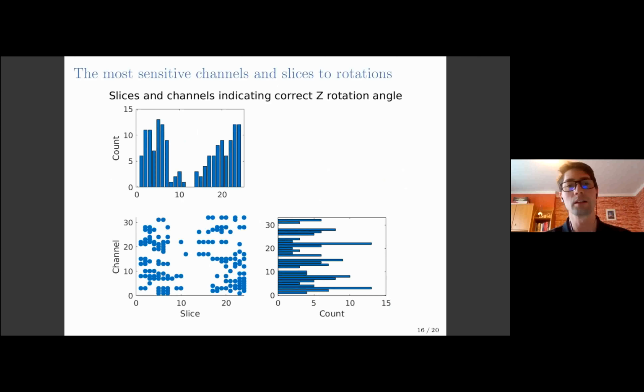And quite interestingly, the slices in the middle are not very informative when we talk about motion, but the slices at the edges are much more sensitive to the rotations. And this is just the data from the slices and channels which gave out the best answer. So it was in plus minus half a degree range from the ground truth value.